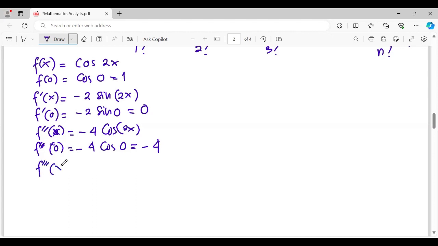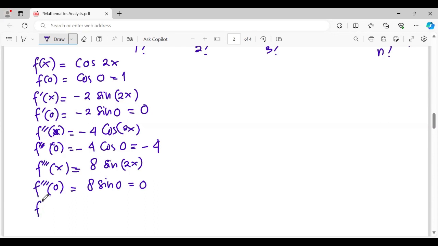The third derivative is 8 sine 2x. If x equals 0, it becomes 8 sine 0, which is 0.